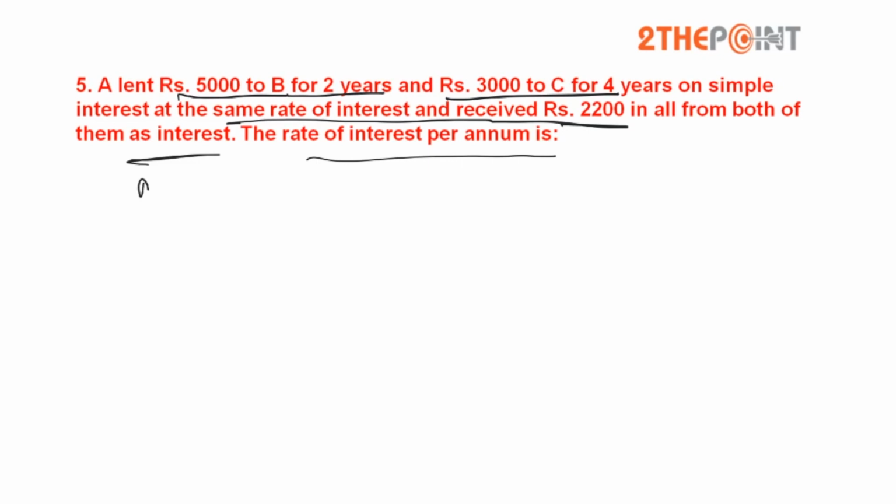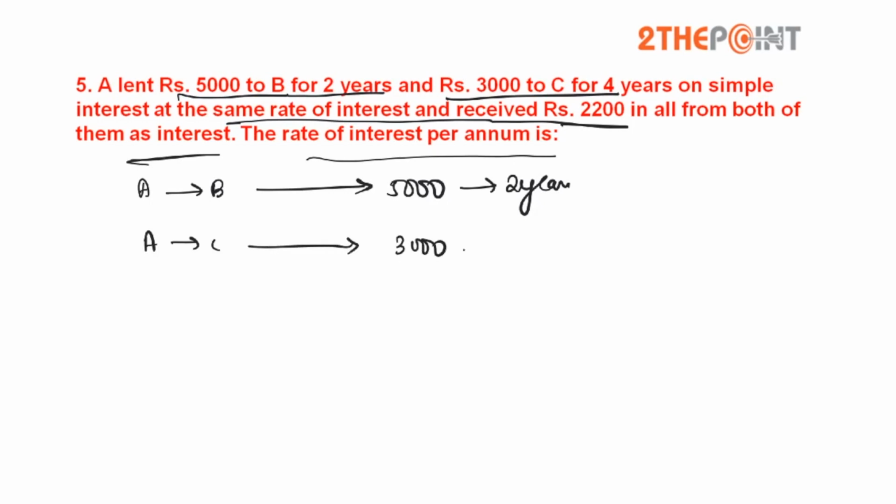Here A lent 5,000 rupees to B for 2 years and 3,000 rupees to C for 4 years. At the end, from both of them, A received 2,200 as interest. Here we have to calculate the rate of interest per annum.